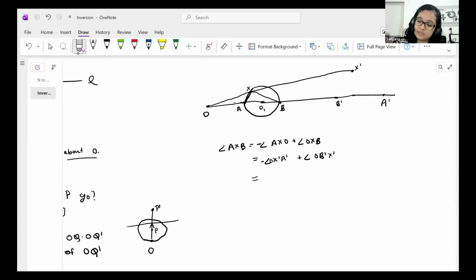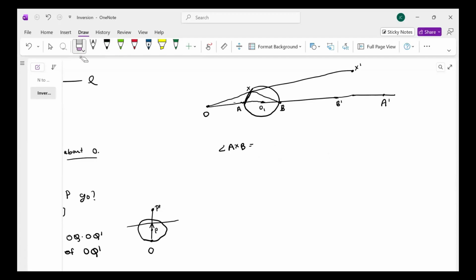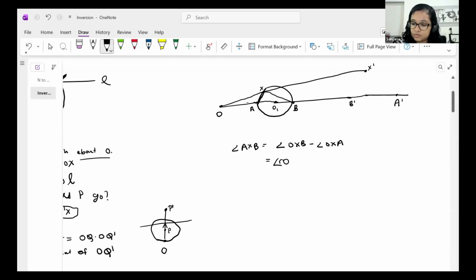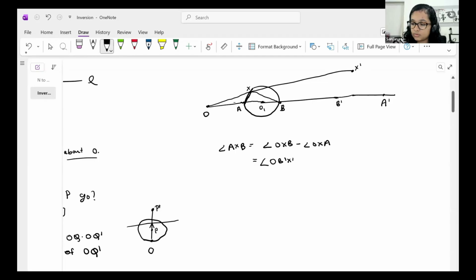Okay, let's write everything starting from O. I think that'll make it simpler. So AXB is equal to OXB minus OXA. And now applying the angle property we learned, it's OB dash X dash minus OA dash X dash.